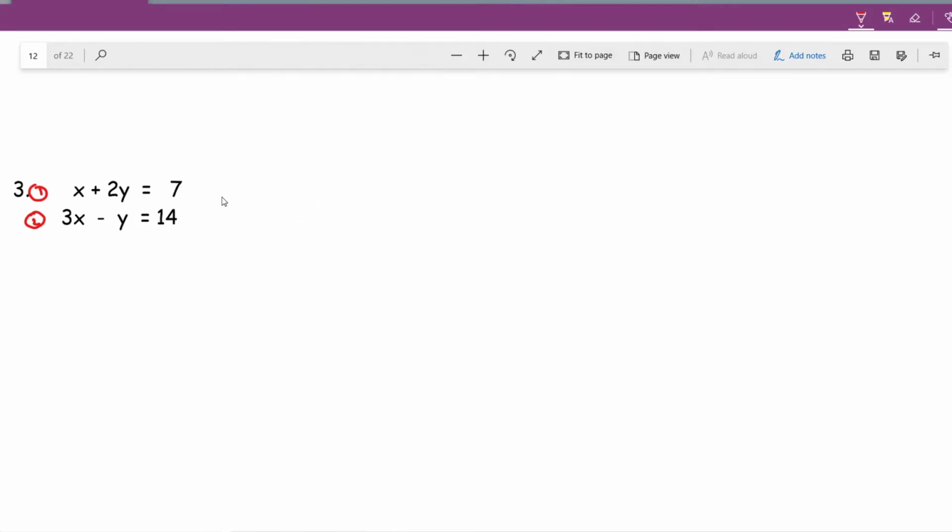It doesn't really matter. So equation 1 remains the same, so that stays as x plus 2y equals 7. But equation 2, I'm going to multiply that by 2 to give me equation 3.